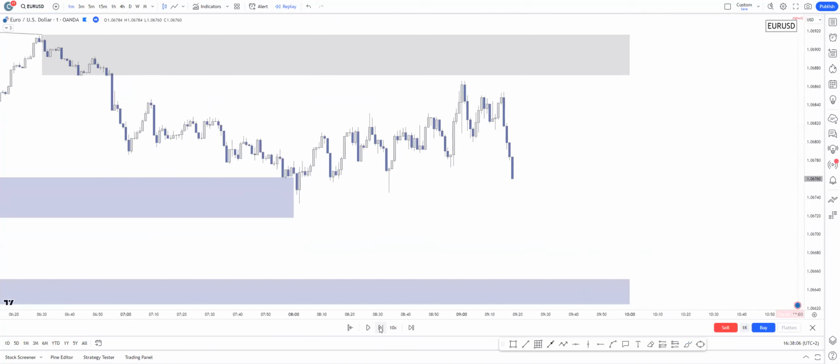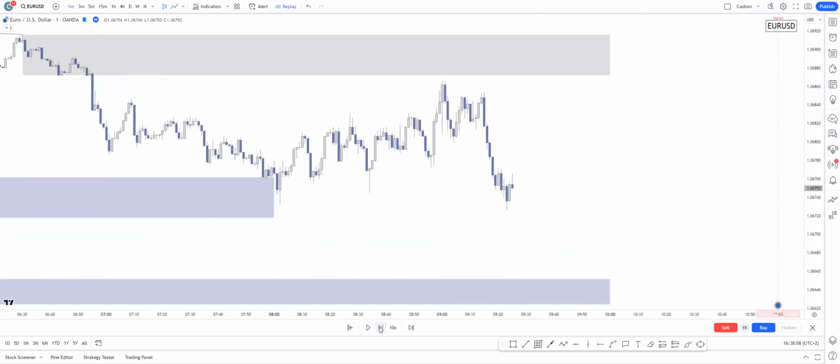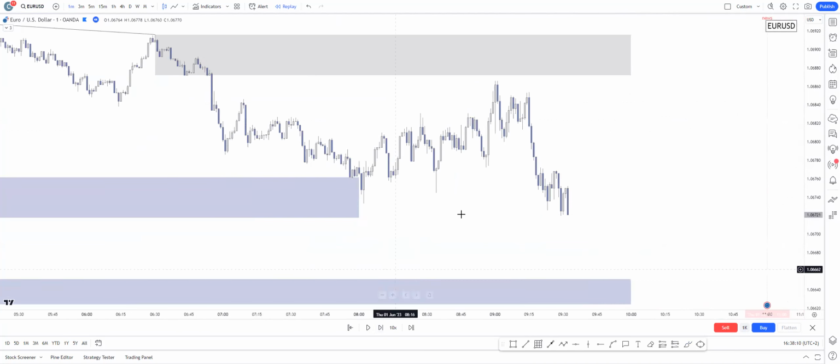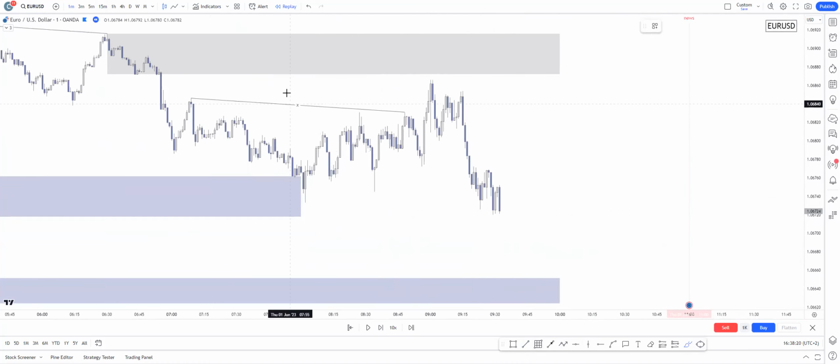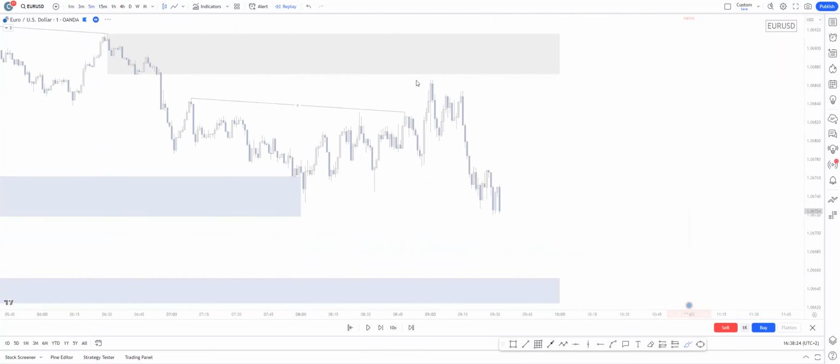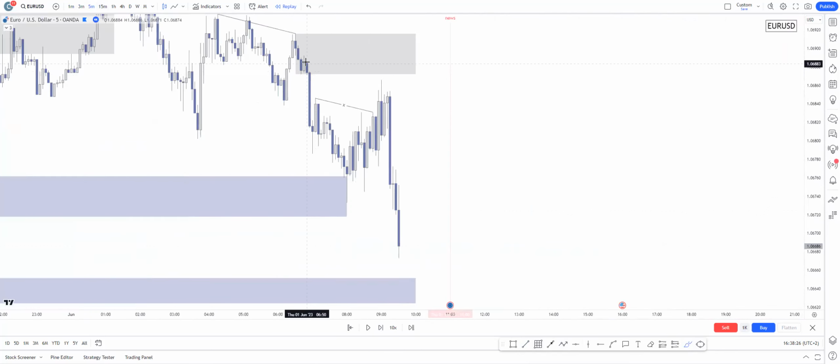Mitigation of the 15-minute supply did not happen, but a reversal has started. So probably this liquidity sweep from this region was enough for the price to create a reversal to the downside, because as you can see, there was liquidity. This liquidity has been swept out, and probably there was a 5-minute supply. I did not check.